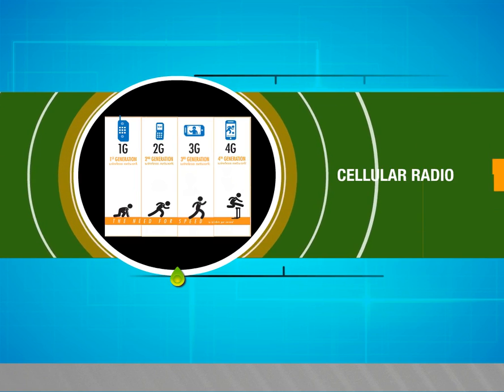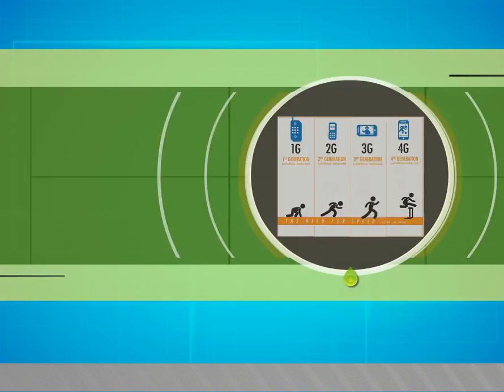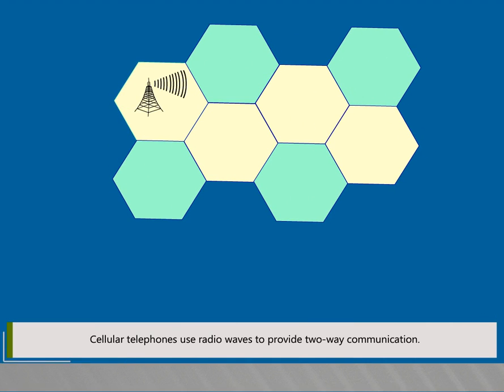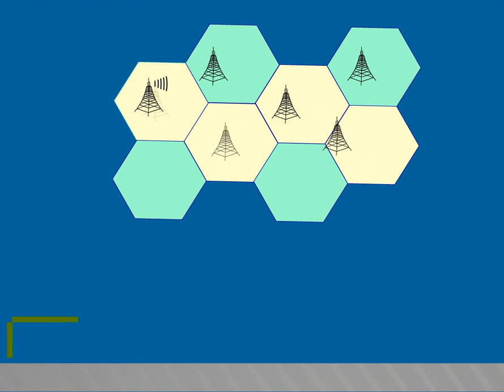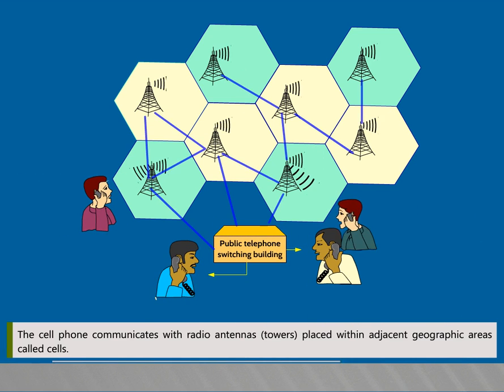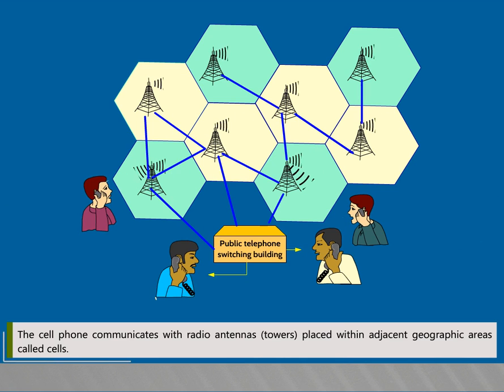Cellular radio. In this video, we are going to see about cellular radio. Cellular telephones use radio waves to provide two-way communication. The cell phone communicates with radio antennas, that is towers, placed within adjacent geographic areas called cells.